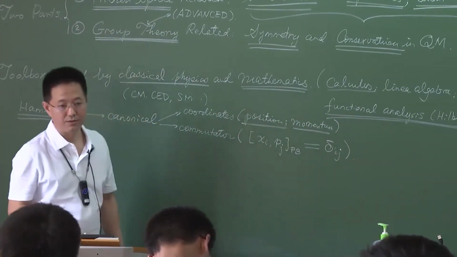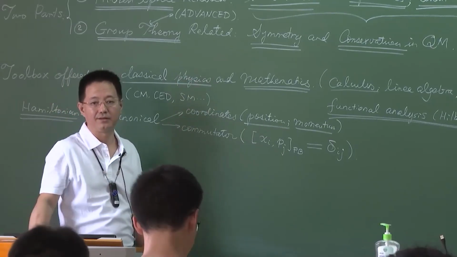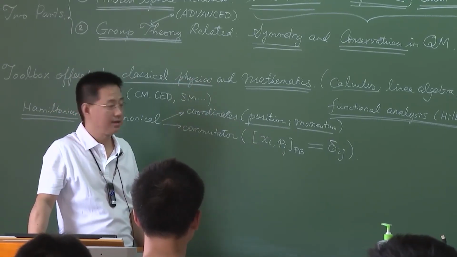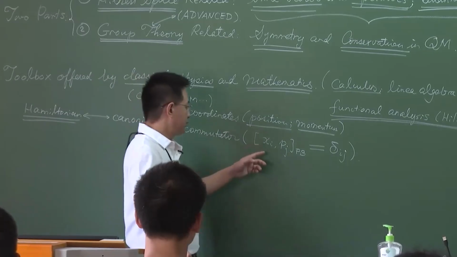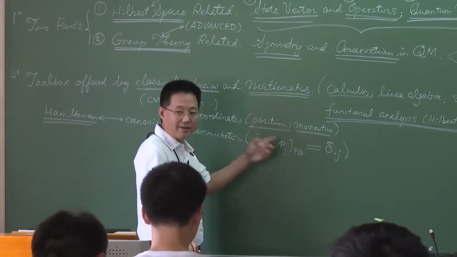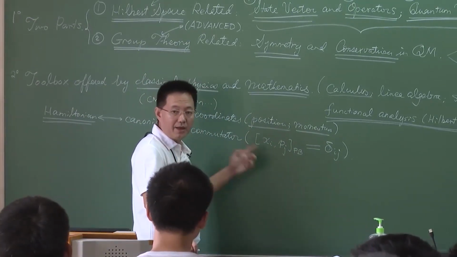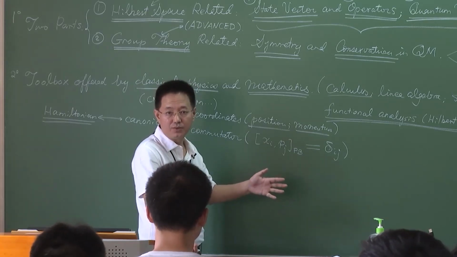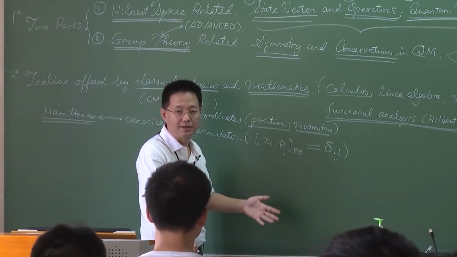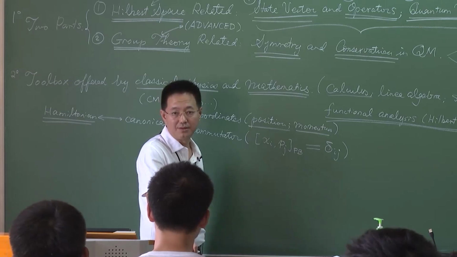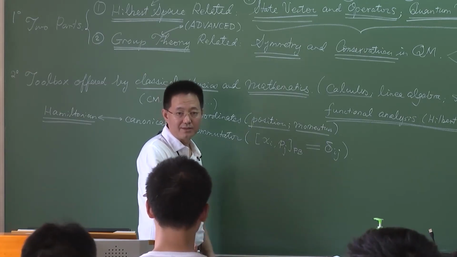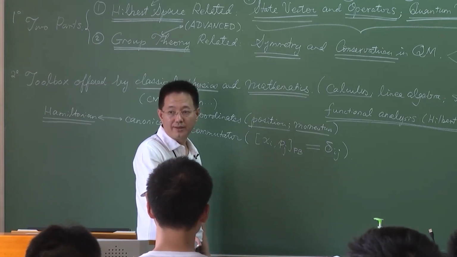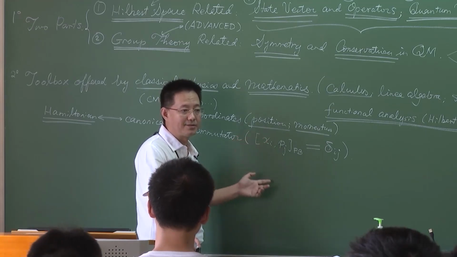Okay, and you can also have many other commutators. You can have the commutator between xi, xj, pi, pj, Li, Lj, and so on. You can calculate them yourself by definition and by the properties of the Poisson bracket. Remember, we have already learned and studied this many times.